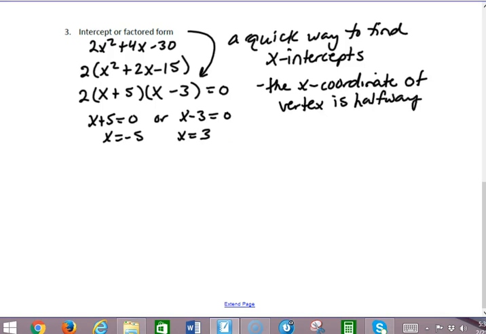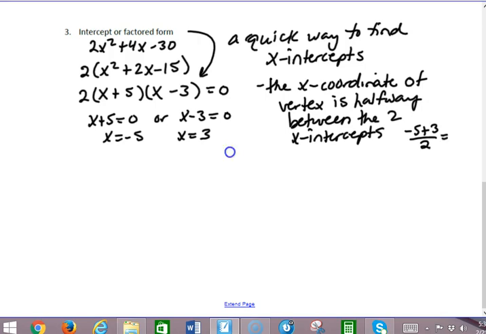So if you see this factored form, you can quickly find the x-coordinate of the vertex by averaging the two x-intercepts. So in this case it would be negative 5 plus 3 divided by 2, which would be negative 2 over 2, which is negative 1.